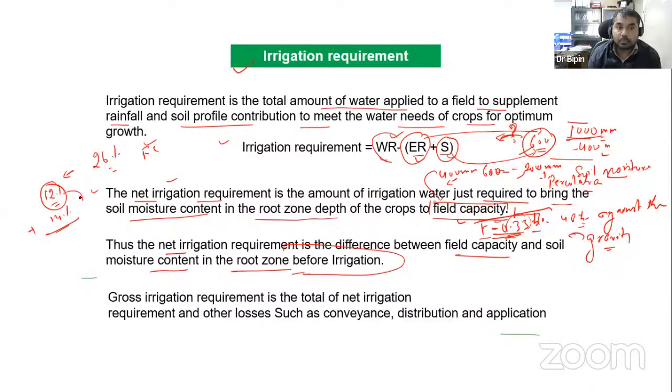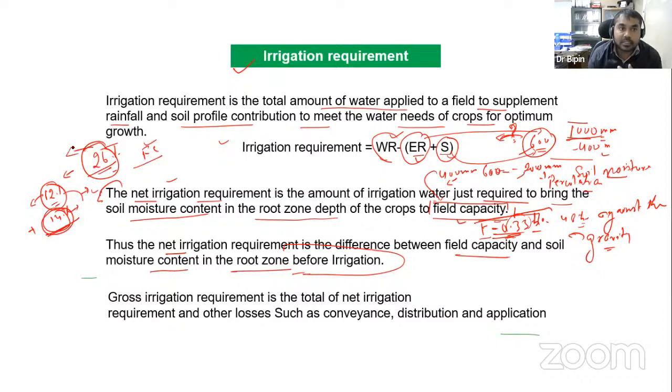You need to bring your field up to 26%, because you know that when field capacity happens in your field, your moisture content at the time is 26%, and you right now have only 12%. So that 14% will become your net irrigation requirement, because when you apply 14%, your field will reach 26%, and that is called field capacity.